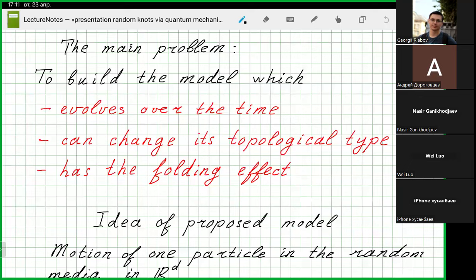Since then, I tried different approaches to include the folding effect here. One was based on an equation with interaction, where the van der Waals force was included, like an interaction force between particles.